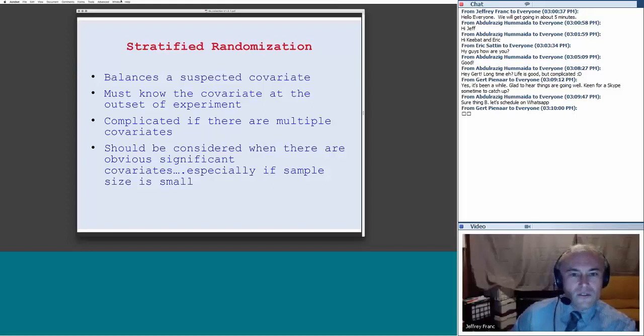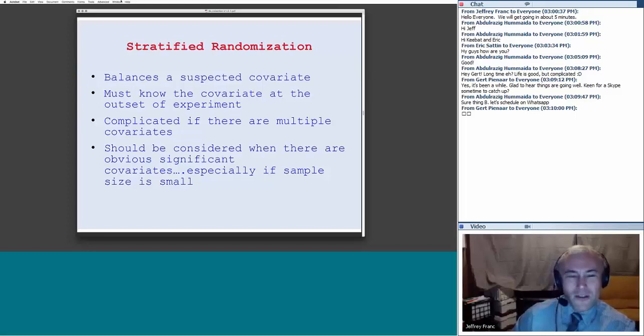Now, stratified randomization, here things are going to get a little bit more complicated. In stratified randomization, we're balancing against a suspected covariate, okay? In other words, we think there's something in this group that will act as a covariate, and we want to get it out right away.